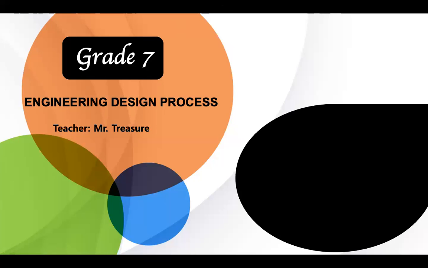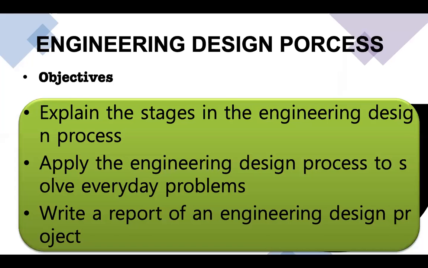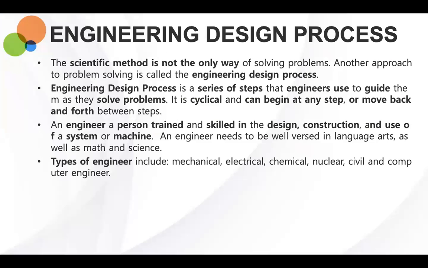We do not only have one method; we have the scientific method and we also have the engineering design process. So for today, we're going to explain the stages in the engineering design process, apply it to solve everyday problems, and write a report of an engineering design project. All right, those are our objectives for today.